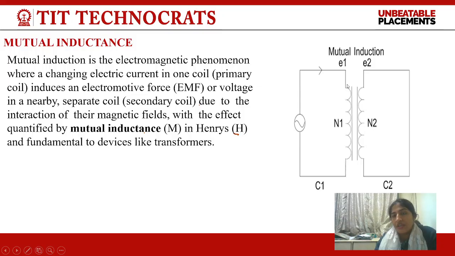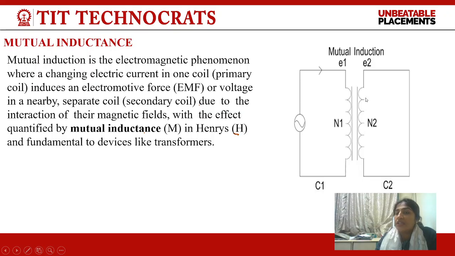And when the alternating current starts flowing in this conductor, as in the self inductance, an mmf is created, and due to this mmf magnetic flux is created, and this magnetic flux will try to penetrate the second coil, which has n2 turns and is placed nearby. The magnetic flux will try to link in this coil.